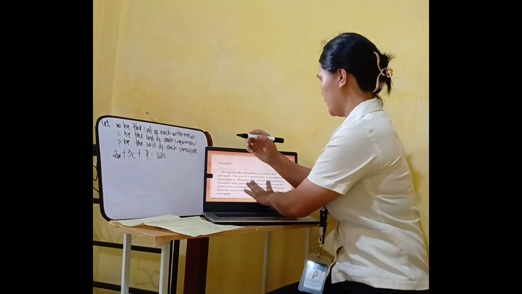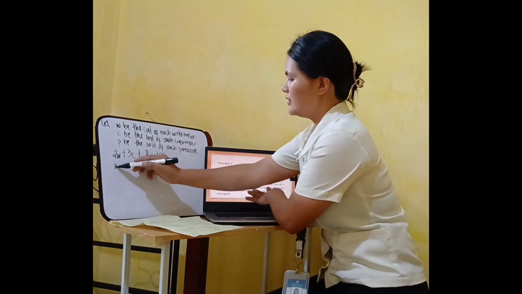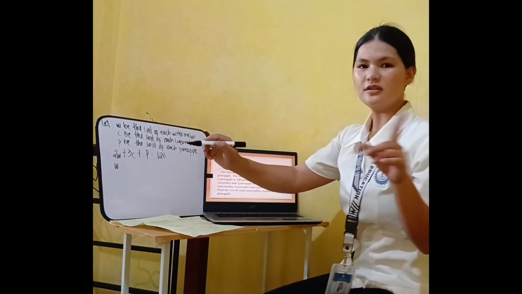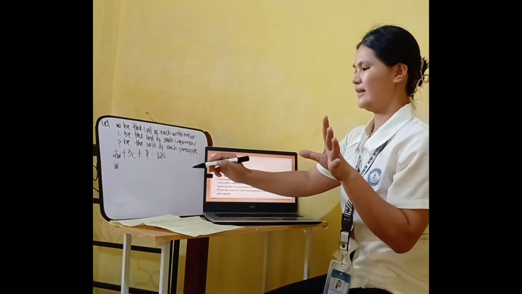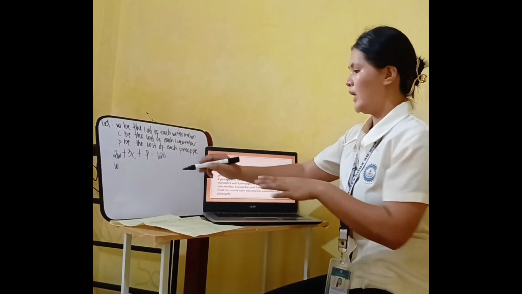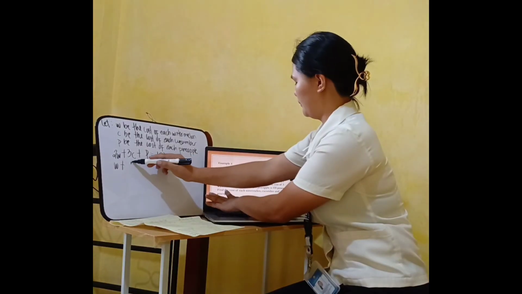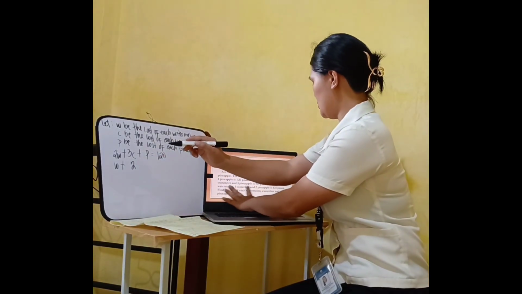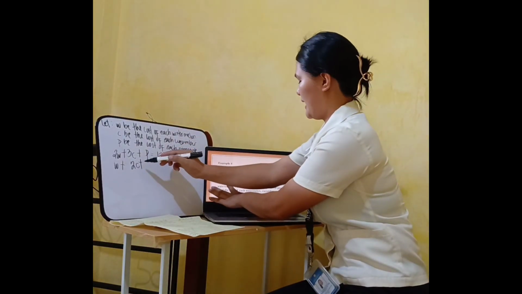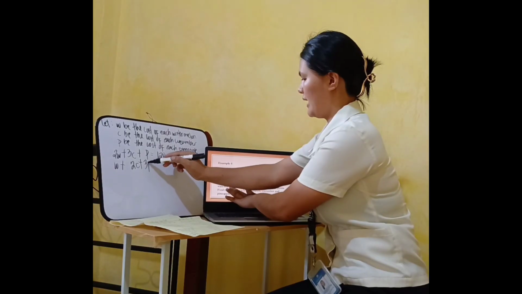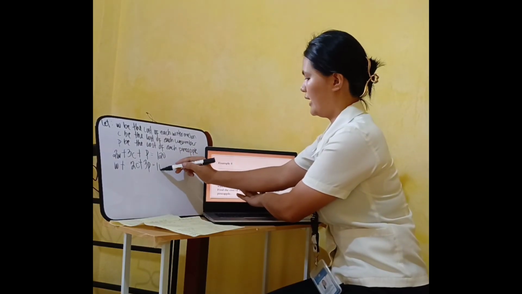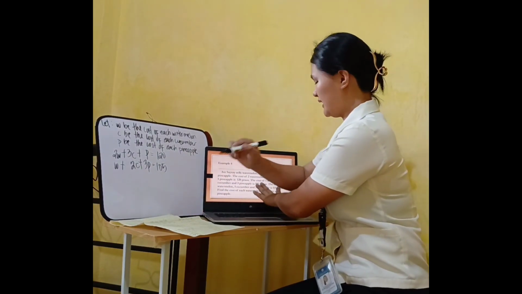Equation 2. 1 watermelon, since it's only 1, we're just going to write the variable plus 2 cucumber plus 3 pineapple is equal to 105.